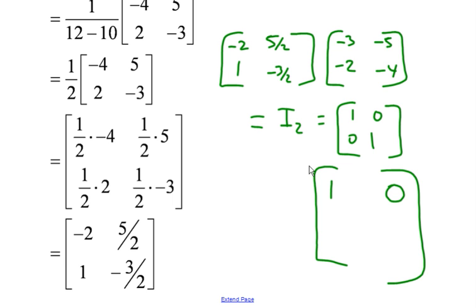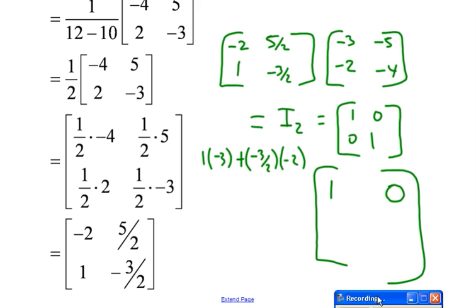Let's do the bottoms. So 1 times -3 plus -3 times -2, so we have -3 plus 3 is equal to 0.